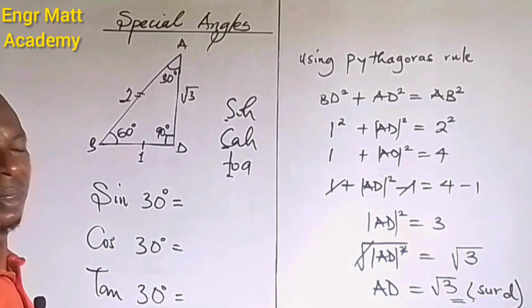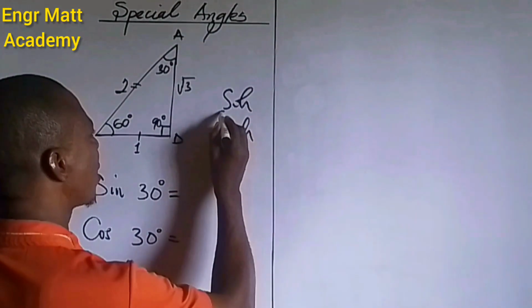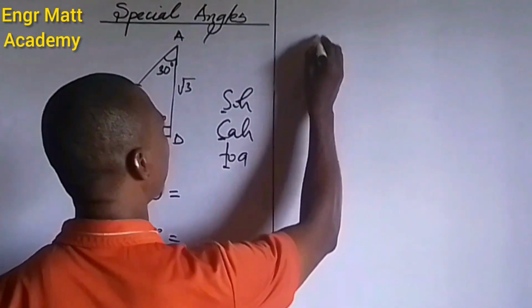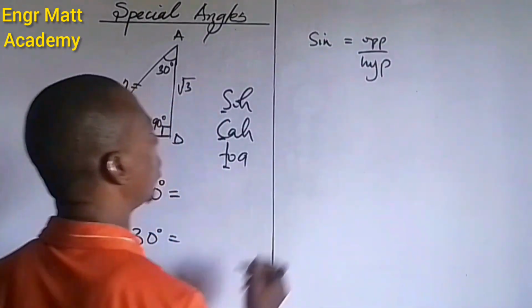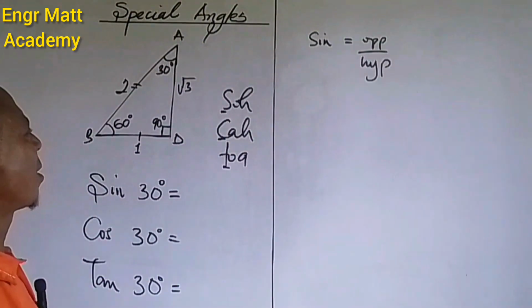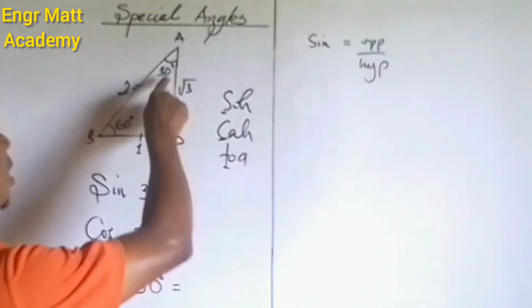Let's find out. So let's start with sine 30 degrees. SOHCAHTOA tells us that sine is opposite over hypotenuse. So for this triangle, what is the opposite? The opposite is the side that faces this 30-degree angle.